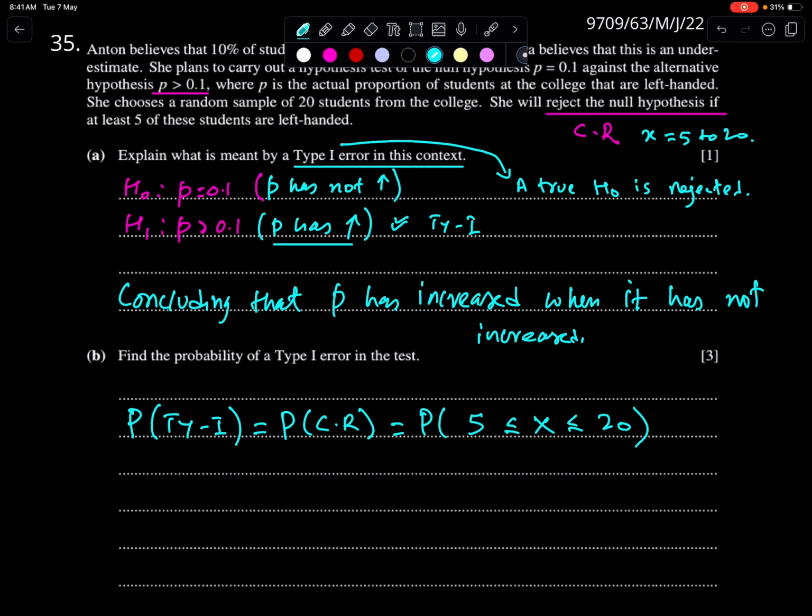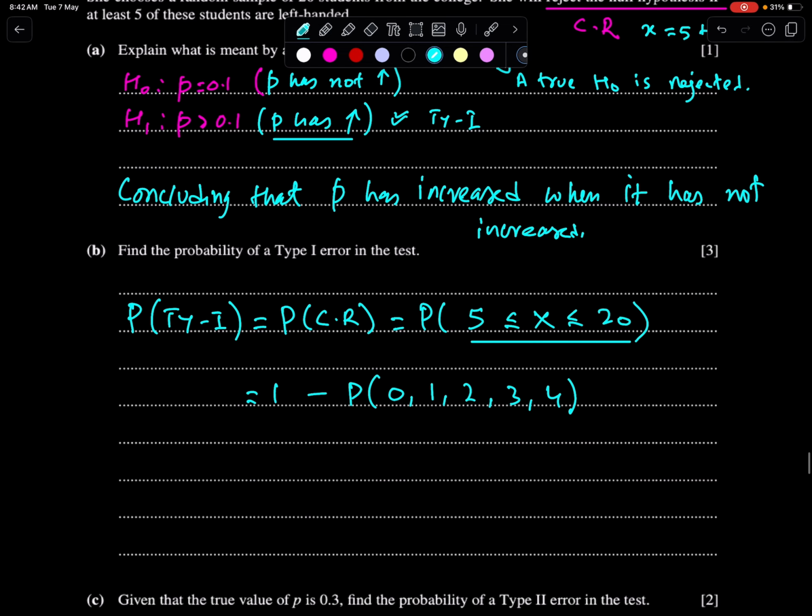So in binomial, we find this as 1 minus the numbers which are not in this list: 0, 1, 2, 3, and 4. So 1 minus, for 0, means q power n, and q is 0.9 because p is 0.1.